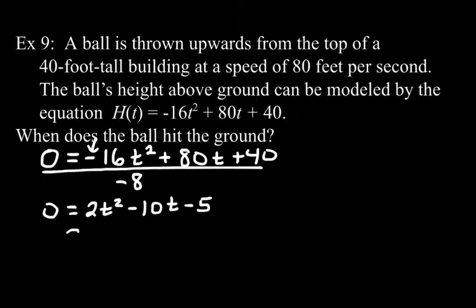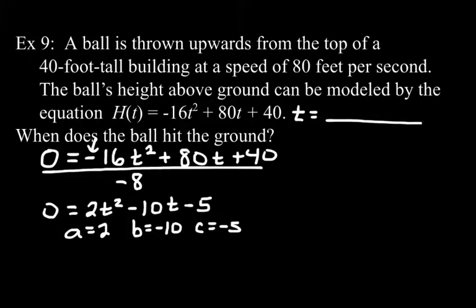So let's identify: a is 2, b is negative 10, c is negative 5. All right, and let's go over here and we'll plug these into our quadratic formula. So in this case, it's not x, it's t. So t equals the opposite of b plus or minus the square root of b squared minus 4ac, over 2a.